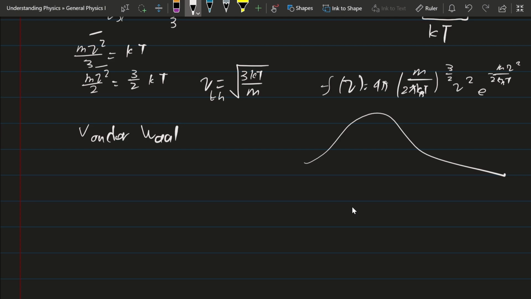I won't fully discuss the detail behind how charges attract each other, but this is something for you to consider when taking general physics too: you want to try to understand interaction between molecules, and one of these forces is the van der Waals force.